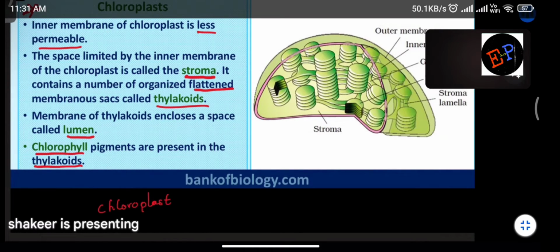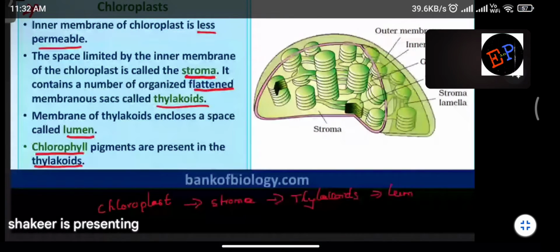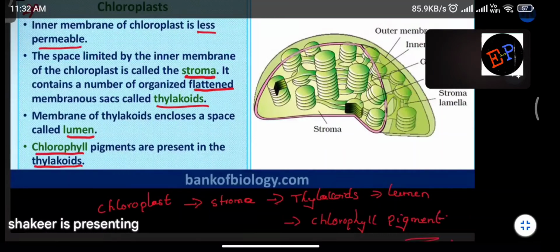Inside the stroma, you can find thylakoids. Inside the thylakoids, you will have lumen. And lumen consists of chlorophyll pigment. So this is the sequence which you should not forget. They can ask questions on this in any way. Are you able to understand?